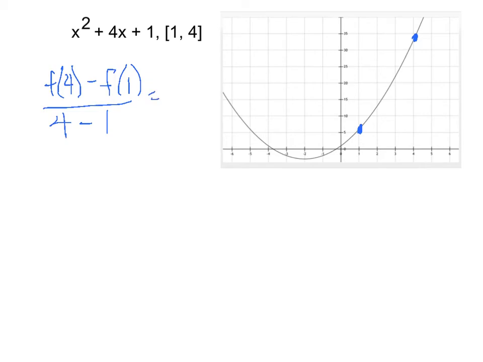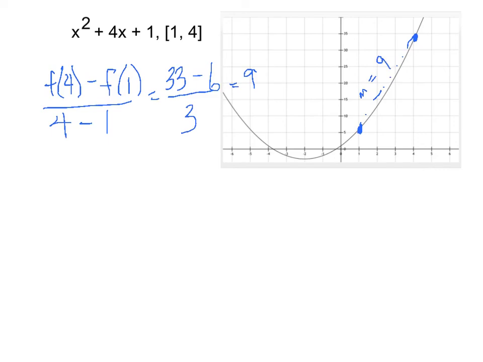F of 4, if I plug that in, 4 squared, 16, plus 16, plus 1 is 33. 1 squared plus 4 plus 1 is 6, so we have 33 minus 6 divided by 3. Well, 33 minus 6 is 27, divided by 3 is 9. So the slope between the endpoints, this secant line, has a slope, I'm going to call it m, of 9.